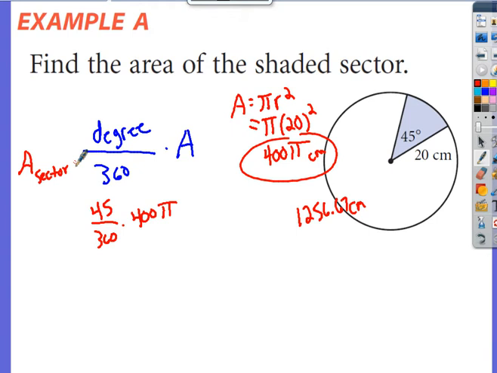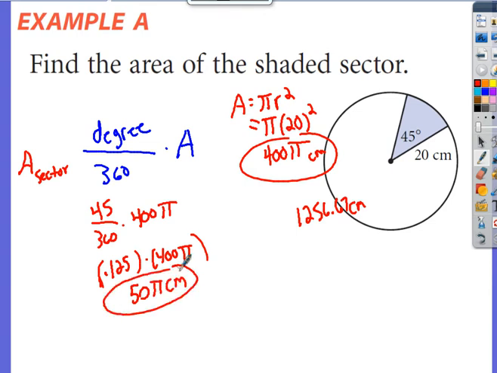So now we do 45 divided by 360, and you get 0.125 times 400 pi, and I multiply 0.125 times 400, and I get 50 pi centimeters is the area of the sector.